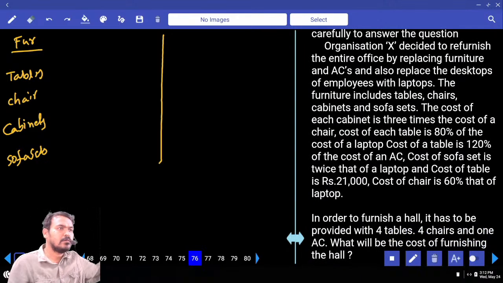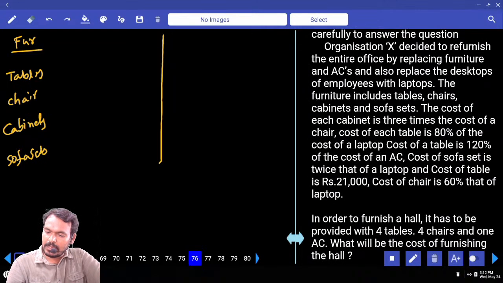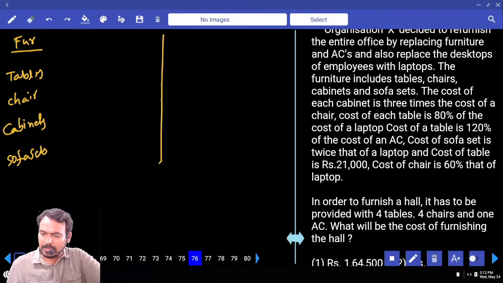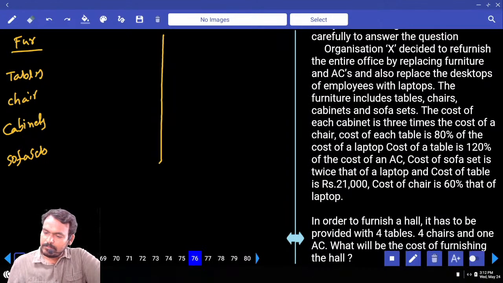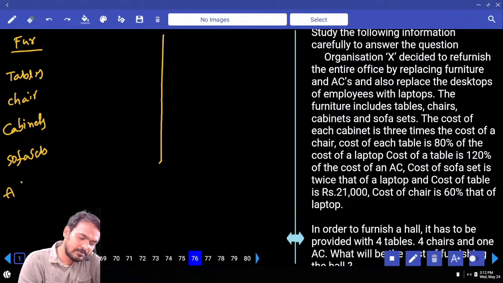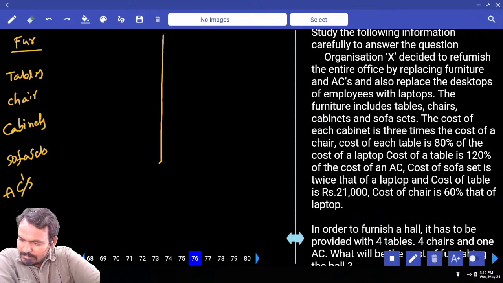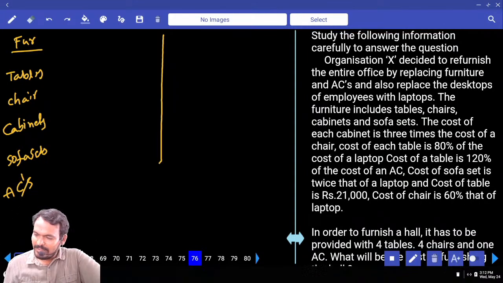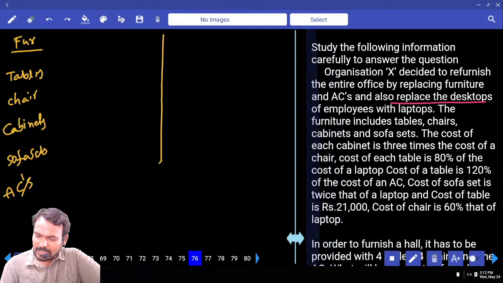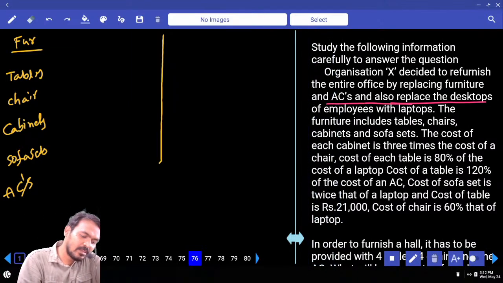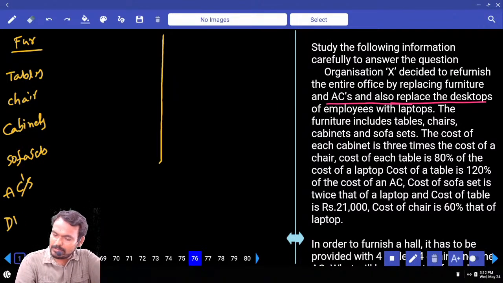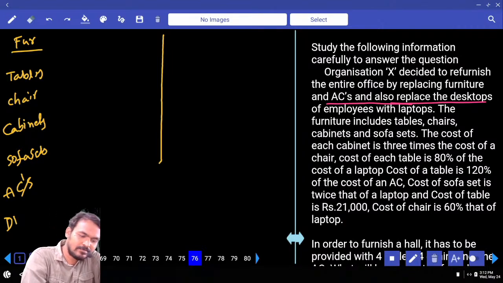Then AC. Okay. Furniture and ACs, and also replace the desktops of employees with laptops.